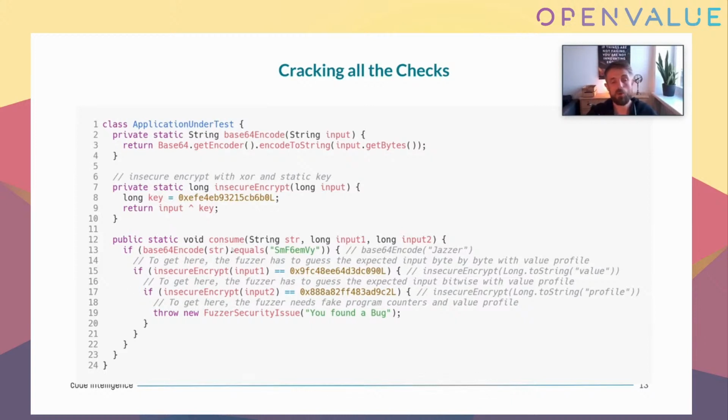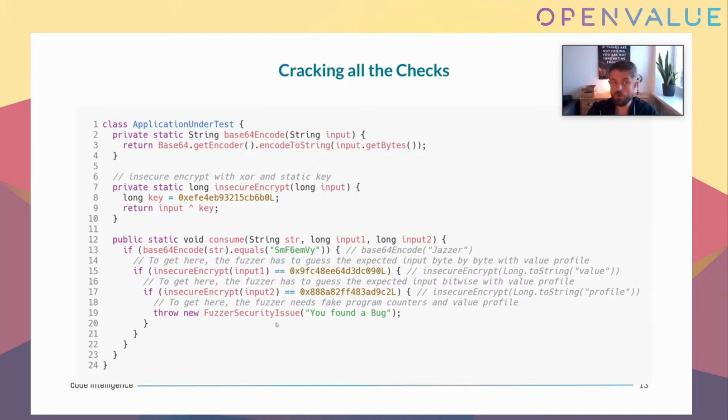We get a string as an input, and only if the string contains jazzer, then we get another long input, which in bytes is the ASCII of value. And we are waiting for another input, which represents the word profile. We can trigger that bug only if the fuzzer produced the string jazzer value profile. Only then are we triggering that bug.